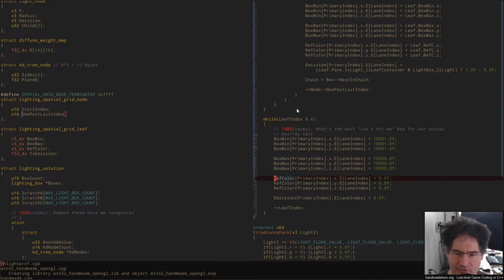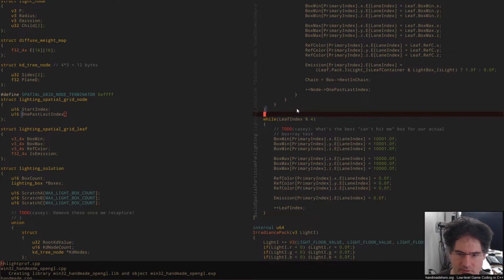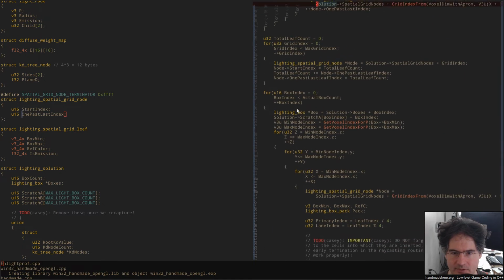I think I would prefer to not have to do this initialization. I would rather be able to do a clear to 0. So I might change that to more of a to-do at the moment, but we'll come back to that later.